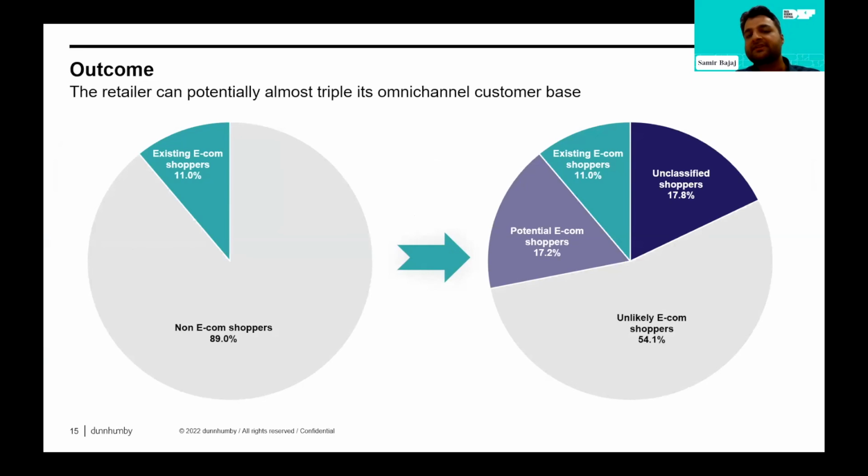So here also we see a nice pyramid, if you can imagine that 11% of existing at top, followed by 17% of potential, and 54% as unlikely. And some were kept as unclassified because of lower number of visits. So here also it passes some sort of sense check. And the outcome was that with the right marketing strategy, a retailer has the potential to almost triple its omni-channel customer base.